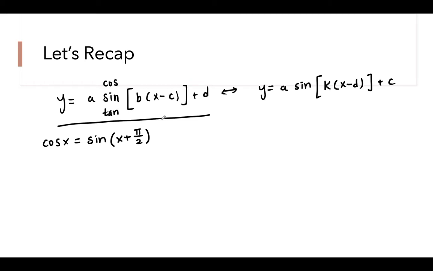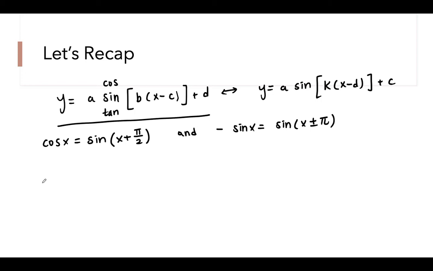Keep in mind, negative sine x is equal to sine of x plus or minus pi. So the reflection of the sine graph could be represented by shifting either to the left pi or the right pi.